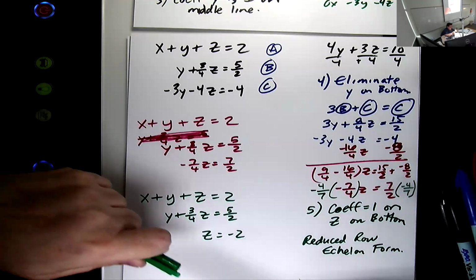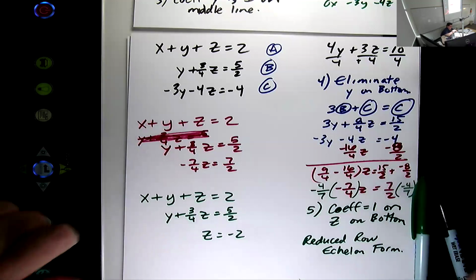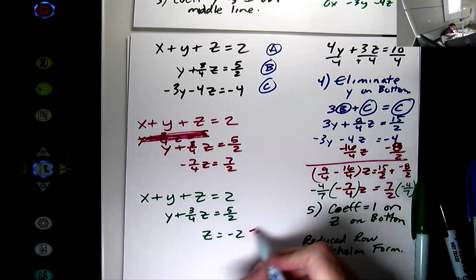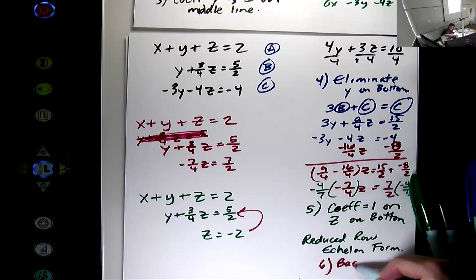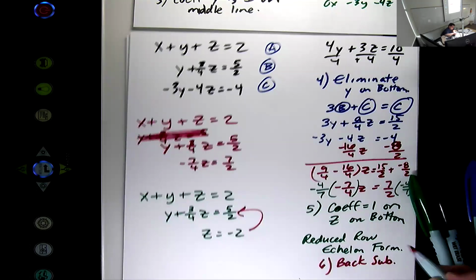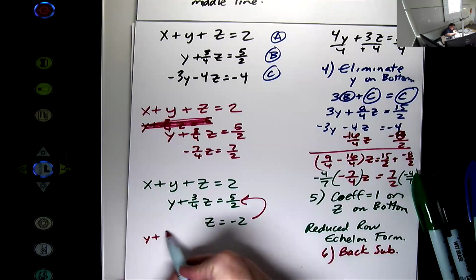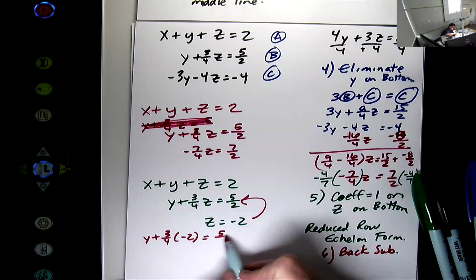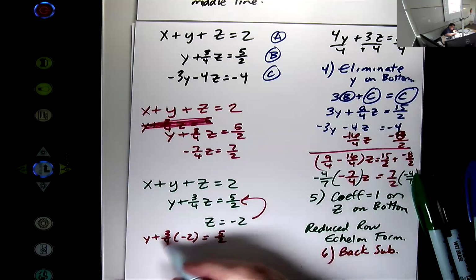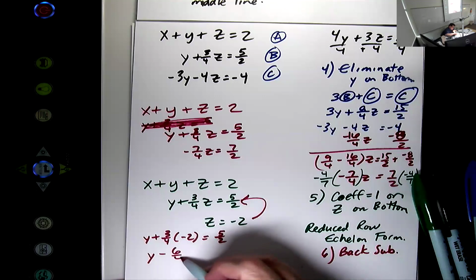All right, now we back substitute. Step 6, back sub. y plus 3/4 times -2 equals 5/2. This is y minus 6/4.